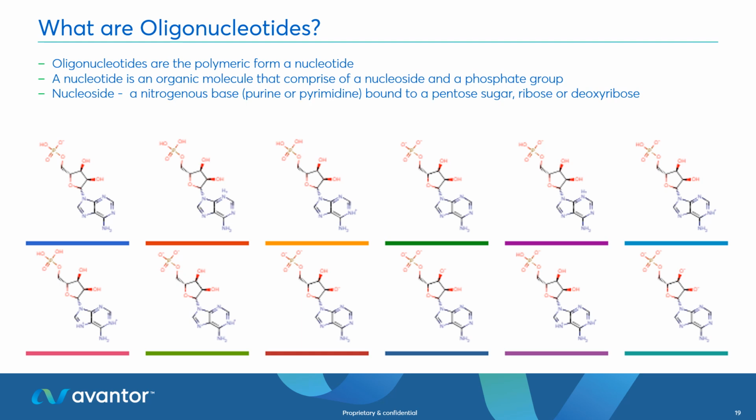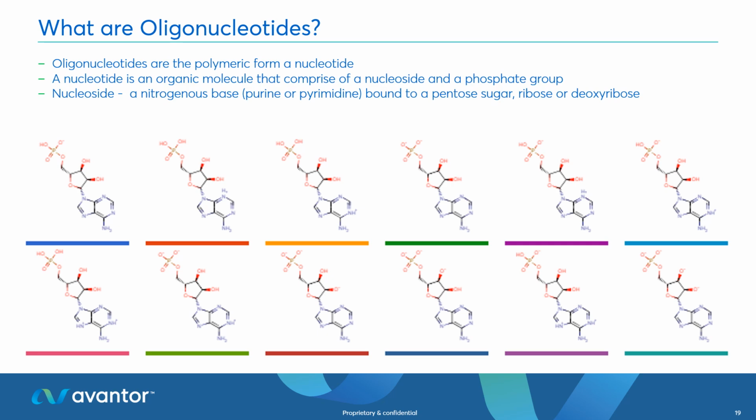We have Zwitter ions, amphoteric ions that will cause us complications when we're looking at developing an assay. This means that the analysis of oligonucleotides is very complex and something that we need to be aware of when we're developing the methodology. And so the approach that we'll be talking about towards the end will give us an introduction to the parameters to look at and to investigate to ensure that we've got a good, robust, stable bioanalytical workflow.